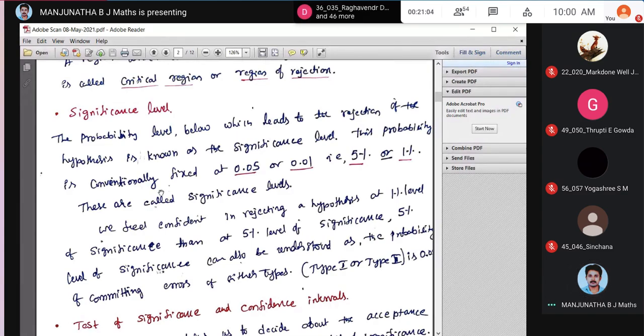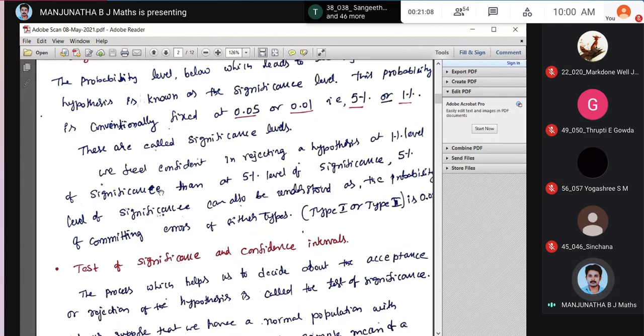These are called significance levels. So we feel confident in rejecting the hypothesis at 1% level of significance than at 5% level of significance.